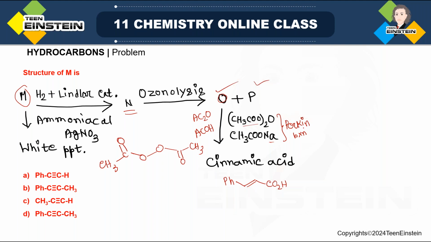You can consider this question as a combination of 2 units. There is a chapter on oxygen containing compounds, that is ketone, aldehyde, acid. In that chapter, the Perkin reaction is relevant, not here. But to solve this question, we have to know what the Perkin reaction is.